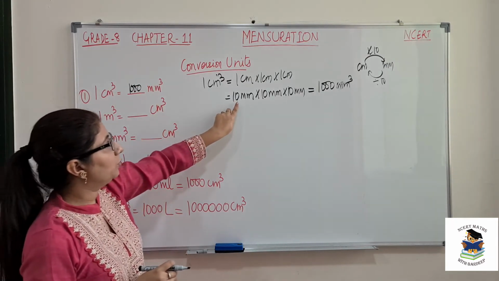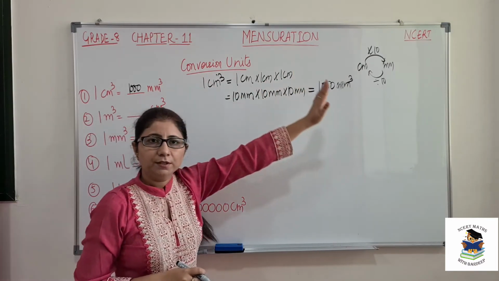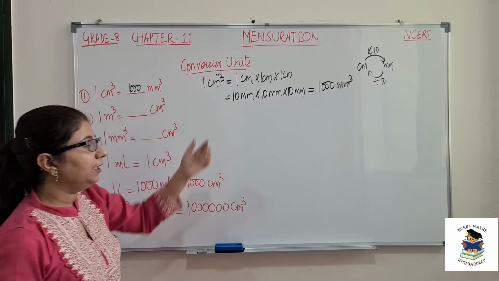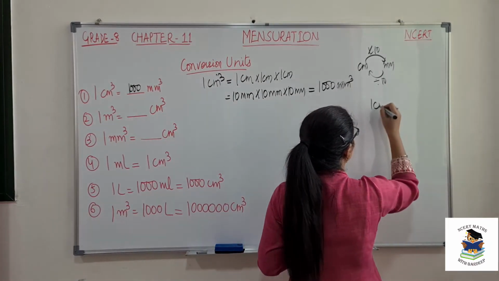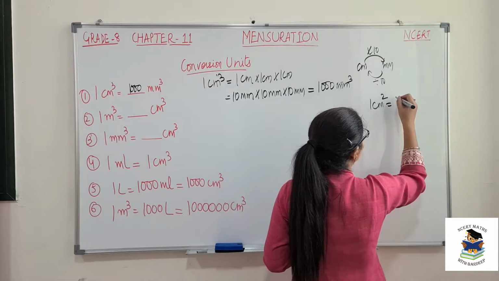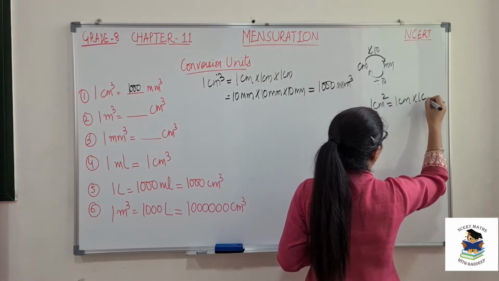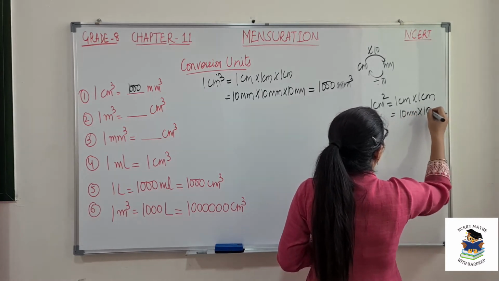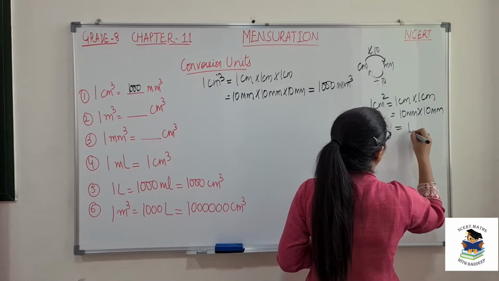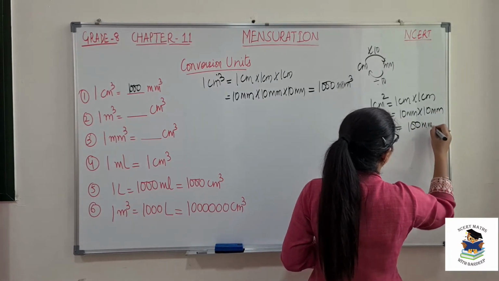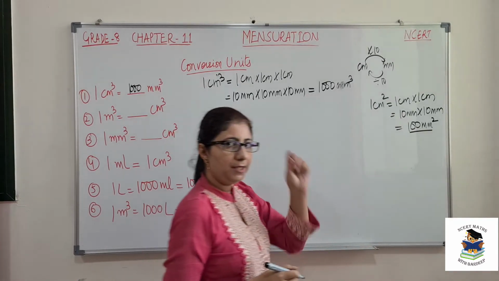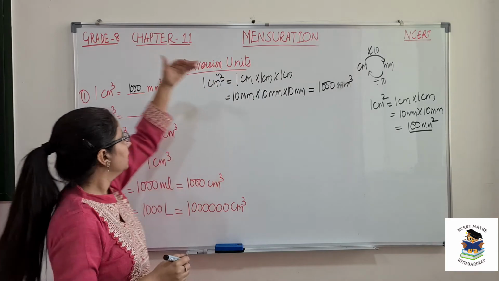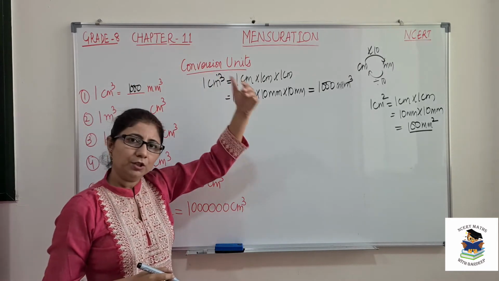Similarly, if it is area, 1 centimeter square means 2 times, so this is 10 mm multiplied by 10 mm. So we will have 100 millimeter square. So my point is, check the power of unit. If it is cube, multiply it 3 times. If it is square, multiply it 2 times.